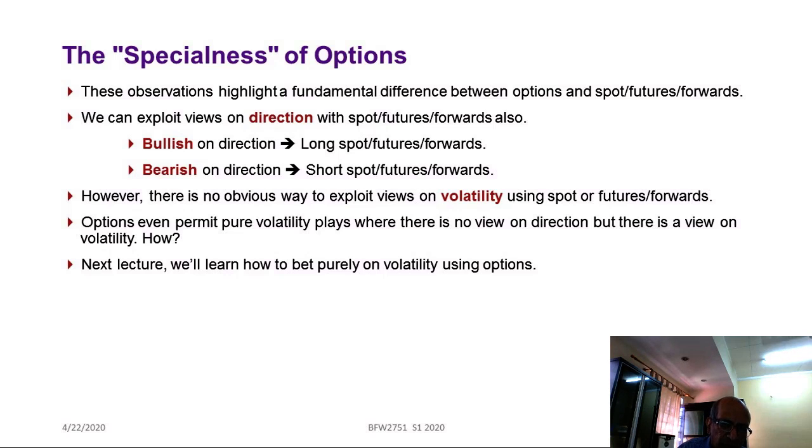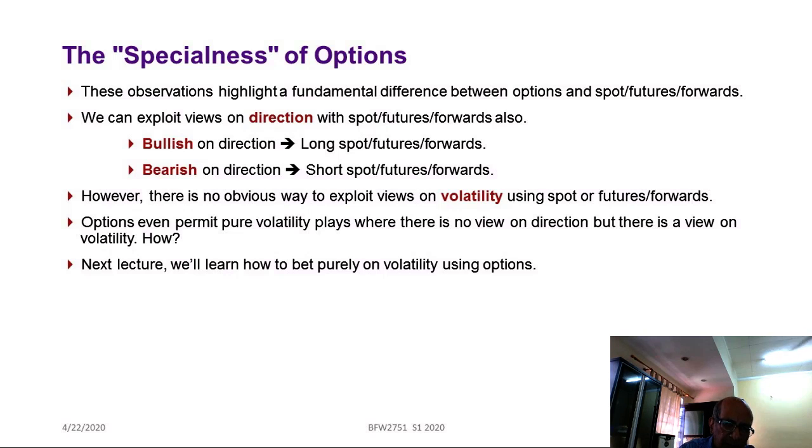However, there is no obvious way to exploit views on volatility using spot and futures. Spot, futures and forwards do not speak about how huge the jump of the price will be, how volatile it will be. But in options, we are taking volatility into account, because what is the probability the price swing will be high or low?